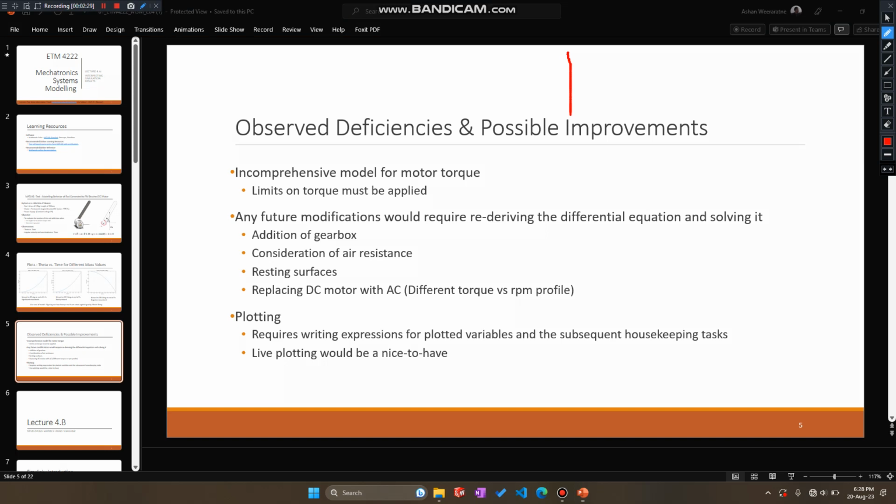If you recall the curve that we saw in the data sheet for the 775 motor, the torque versus RPM curve was something like this. So it was a linear curve, but go back to it and observe the fact that it did not extend beyond the x and y intercepts.